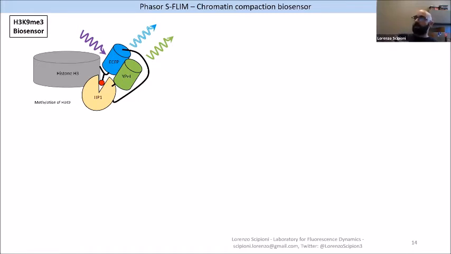The problem in this case is that since both the histone and the HP1 actually do something in the cell, it's not an inert probe. So the problem is that if you overexpress this sensor, you end up with a chromatin that is artificially more compact than normal chromatin. And you don't want to do that. You want a method of measurement that doesn't affect whatever you're going to measure, right?